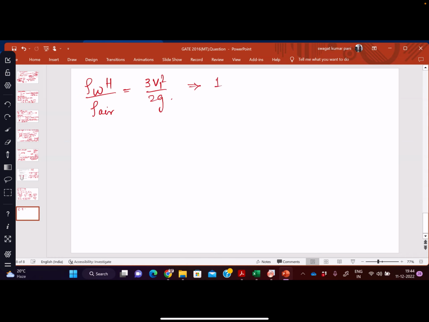Rho W is given as 1000, h we have to calculate, and the density of air is 1.